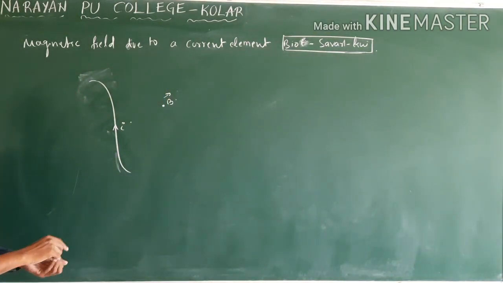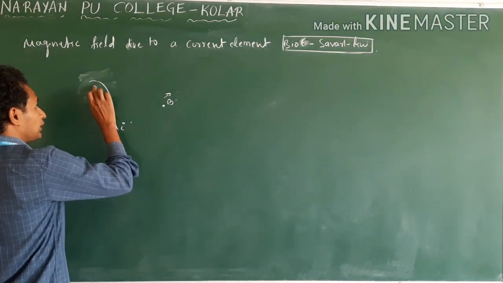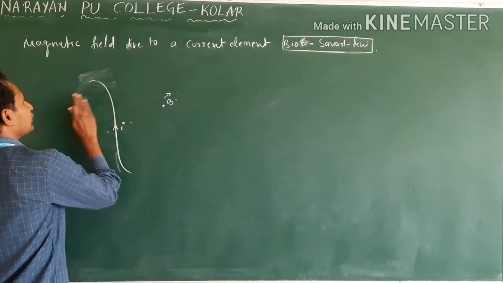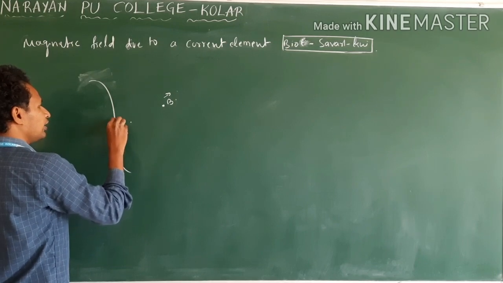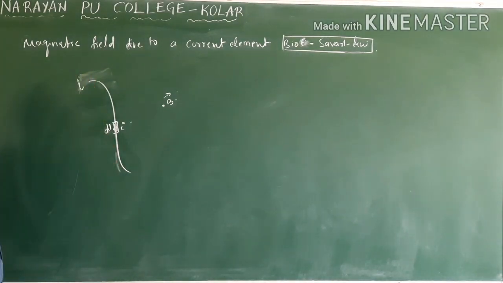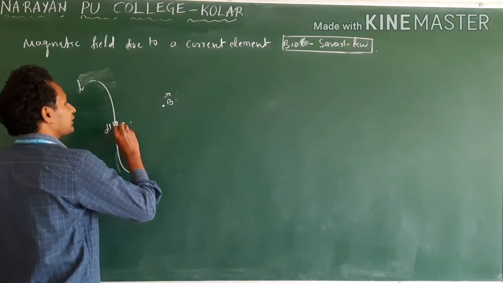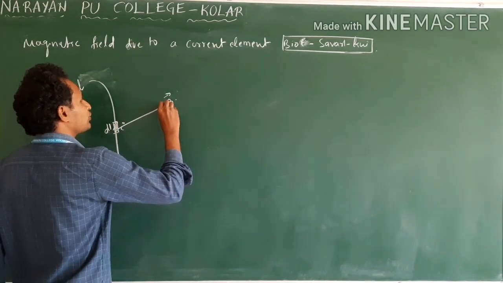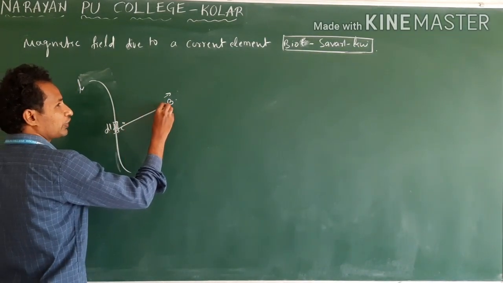For that, Biot gave a simple formula. This is a lengthy conductor, so we divide it into small elements. This is dl. The total length is L, but we consider a small element dl. According to Biot-Savart, first take a small element dl, and next take a position vector from the dl element to the point where we are going to find the magnetic field.